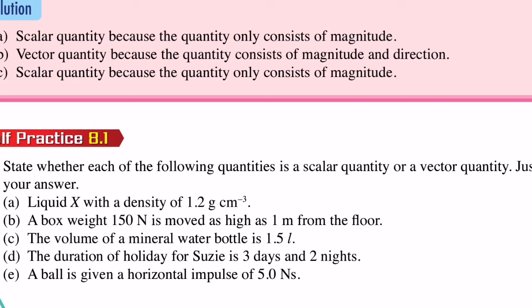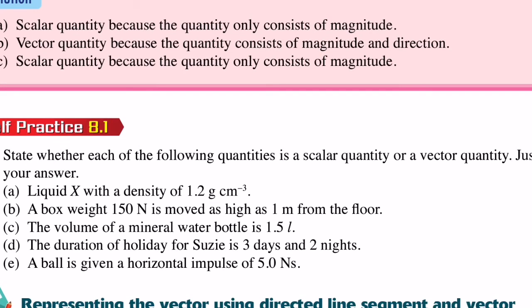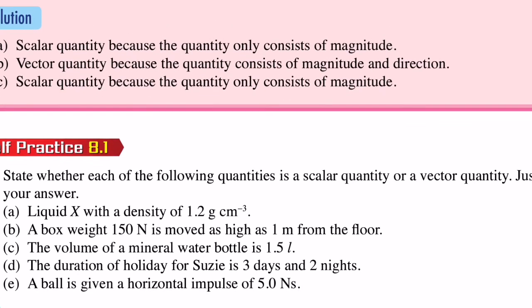So, for today's homework, you just do practice 8.1. State whether each of the following quantities is a scalar quantity or a vector quantity and justify your answer. Please do A, B, C, D to E, and you may check the answer given after the class.